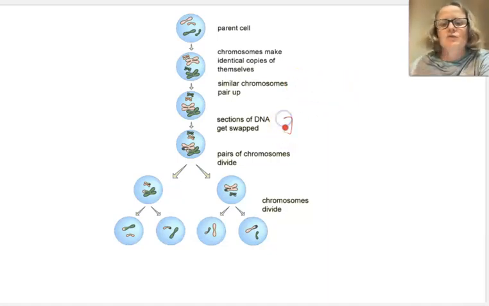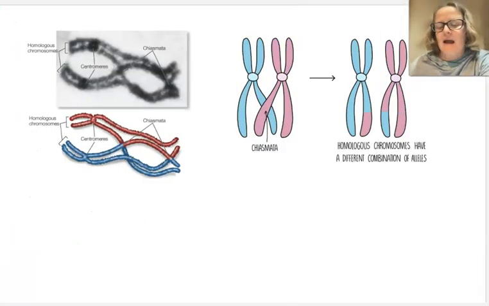Sections of DNA get swapped. We'll talk about that in a minute. The chromosome pairs split up, and then the chromosomes themselves divide. So that at the end, instead of having 4 chromosomes, we've only got 2 chromosomes in each cell. So let's have a look a little bit more detail about how we get genetic variation.